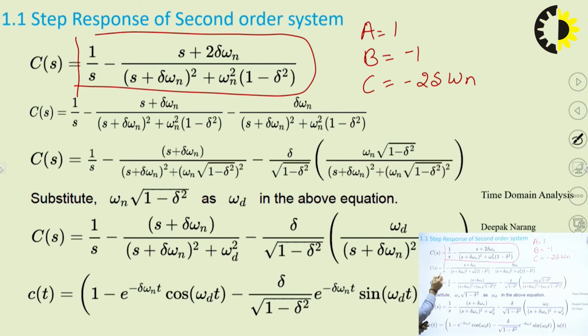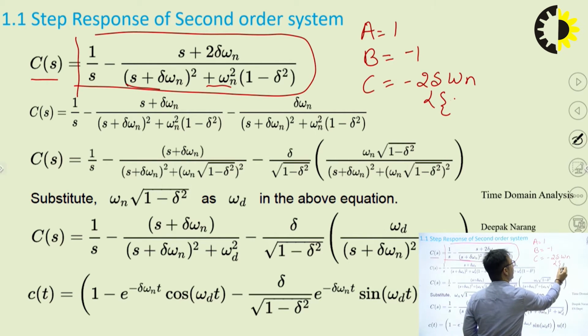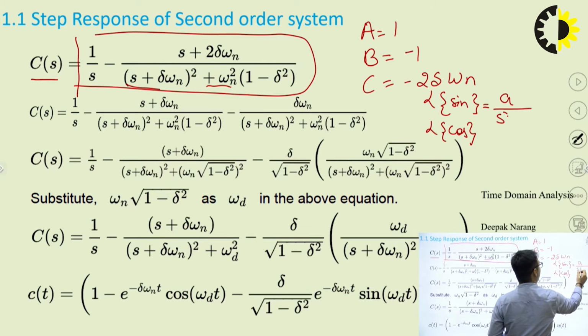So to take the Laplace transform, we can see this pattern is resembling the Laplace of either sine or cos. Here this is a upon s square plus a square, and this is s upon s square plus a square.